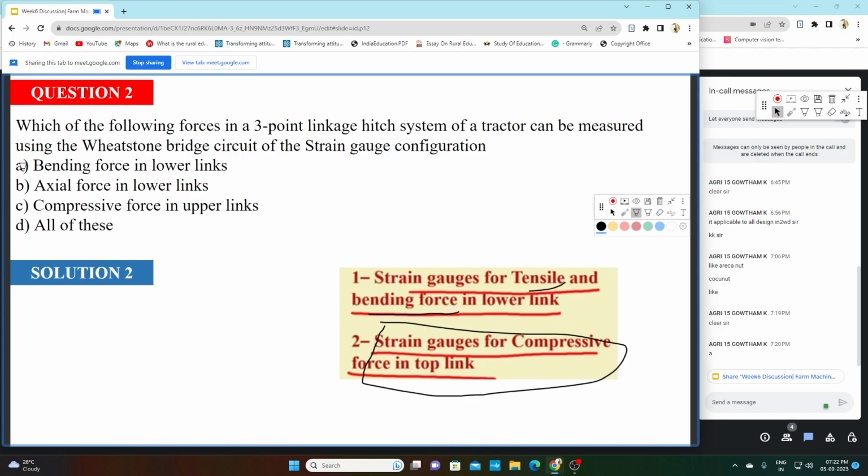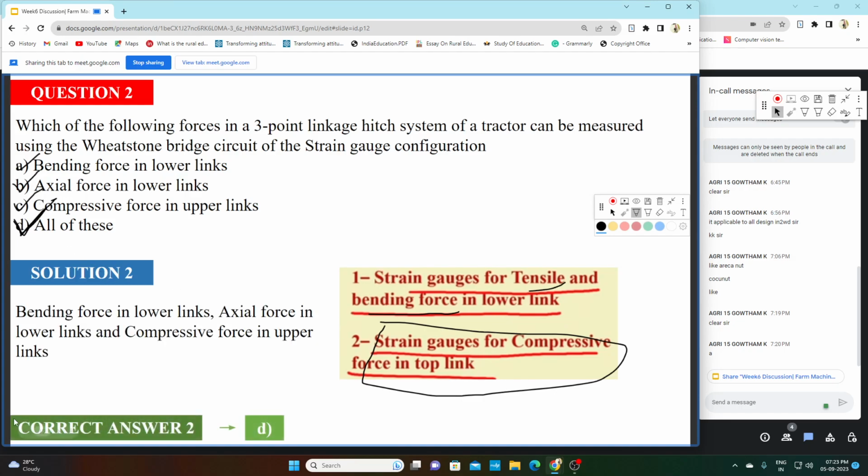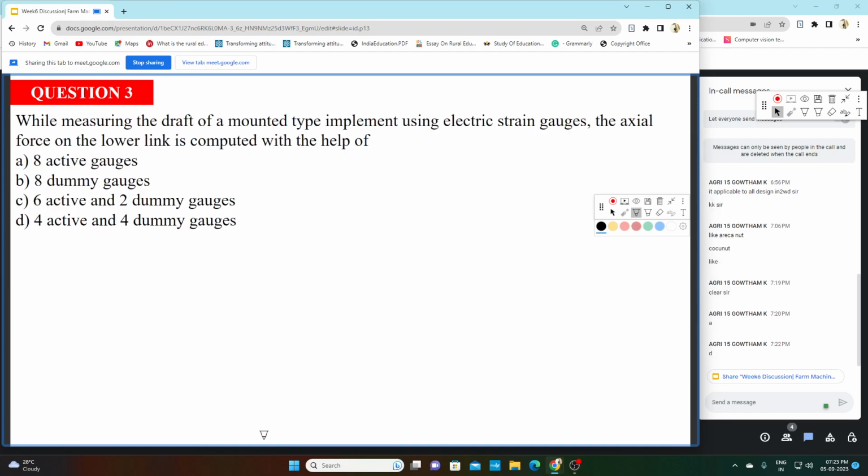So bending force and axial force are covered by the strain gauges in the lower link, and compressive force is covered by the strain gauge in the top link. All of this is correct, so answer D is the correct answer. Let me move on to the next question.